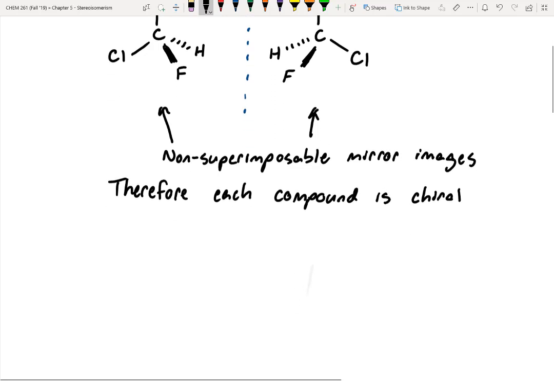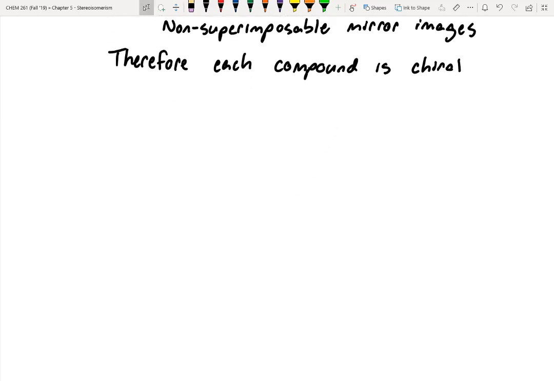All right, so let's do some practice. Let's determine if this molecule is chiral. So what should we do as our first approach? Draw the mirror image.